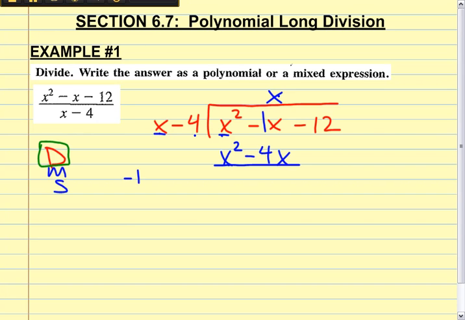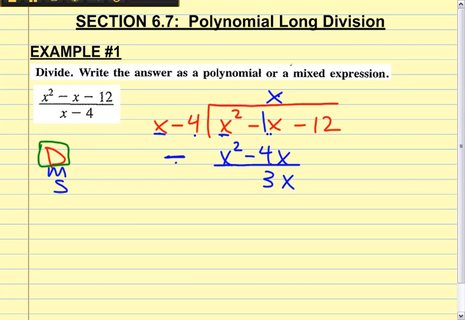Minus 1 minus negative 4. Positive 3, positive 3x. Think about this: I'm going to put a subtraction sign out here. Negative 1x minus negative 4x is the same as negative 1x plus 4x.